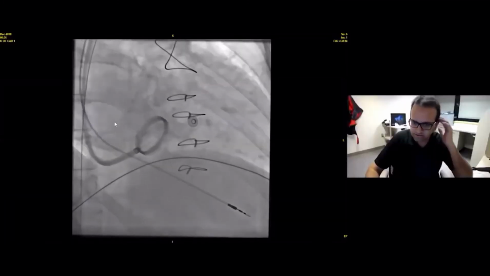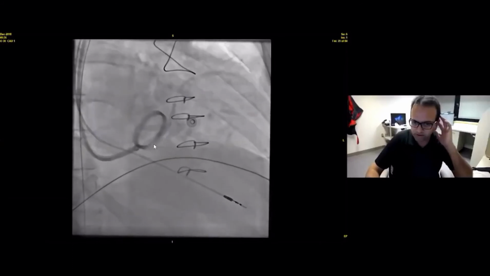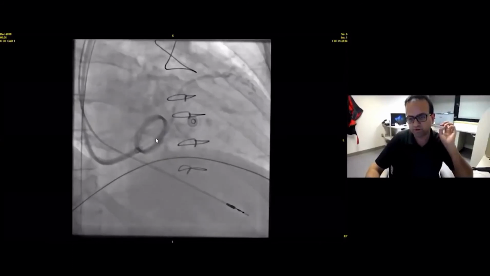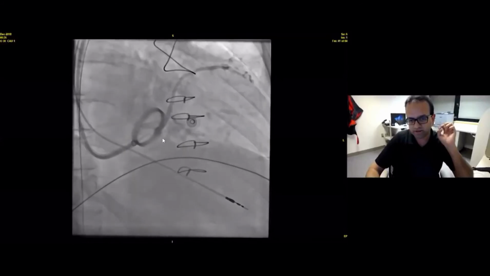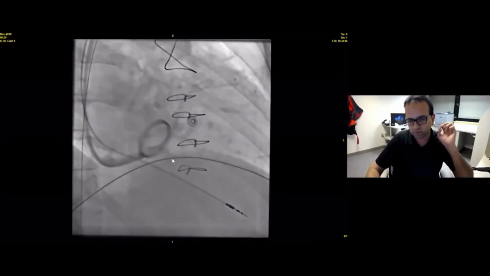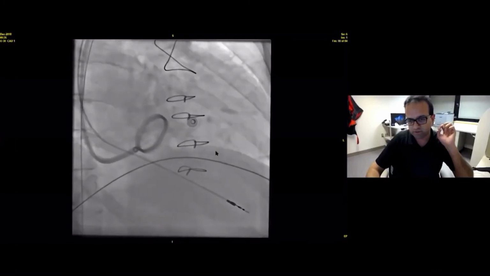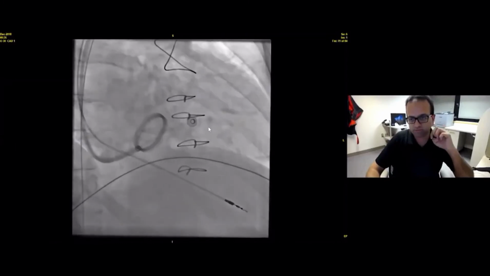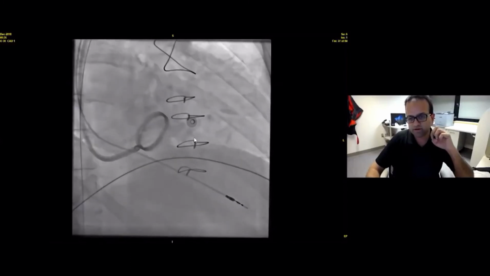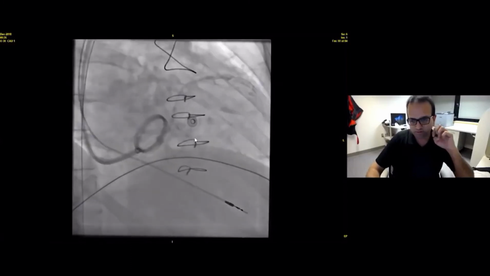This is an RAO view. We are trying to do an angiogram, a CS venogram, to put in a CS lead. And here you can see as we engage the coronary sinus, these veins are quite small, very, very small branches. So sometimes lead deployment is difficult. Sometimes thresholds are very high.